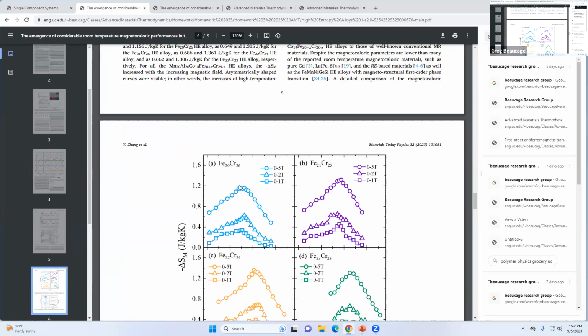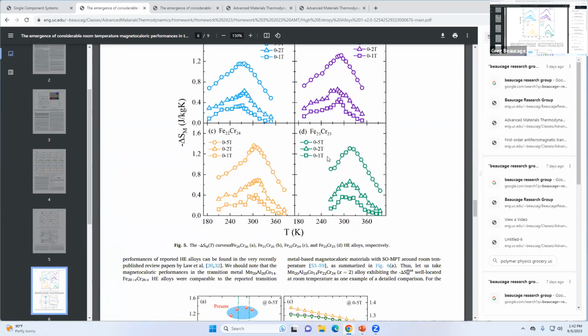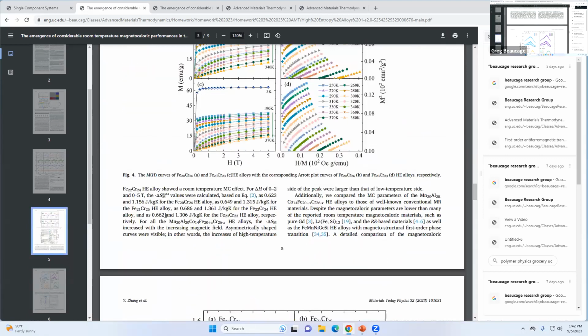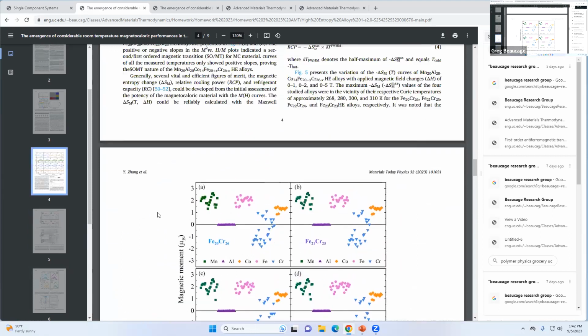He gets a peak in delta S for the magnetization at a certain critical temperature, TC, right? And when he goes to these high entropy alloys, that TC goes to room temperature, and that makes his refrigerator work better.